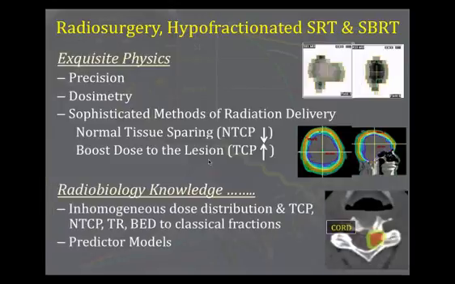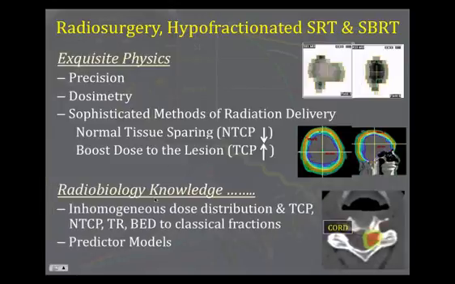But how are we in regards to radiobiological knowledge? We are lagging behind. So we don't know the effects of inhomogeneous dose distribution. Everything I discussed with you is assuming that the entire organ is receiving a homogeneous dose and it's being completely irradiated. But here, in the case of a spinal lesion, just a portion of the cord is getting an inhomogeneous dose.